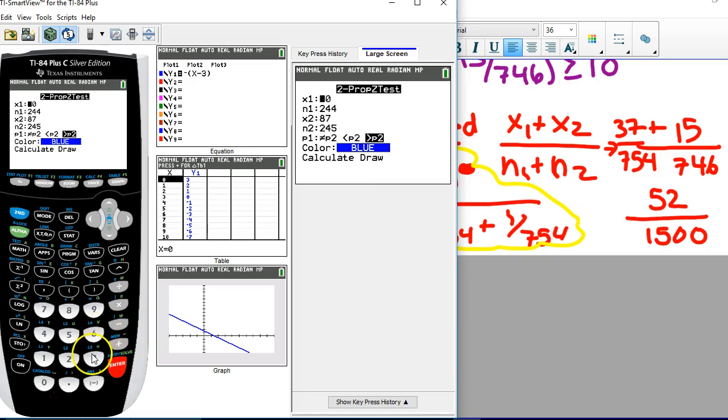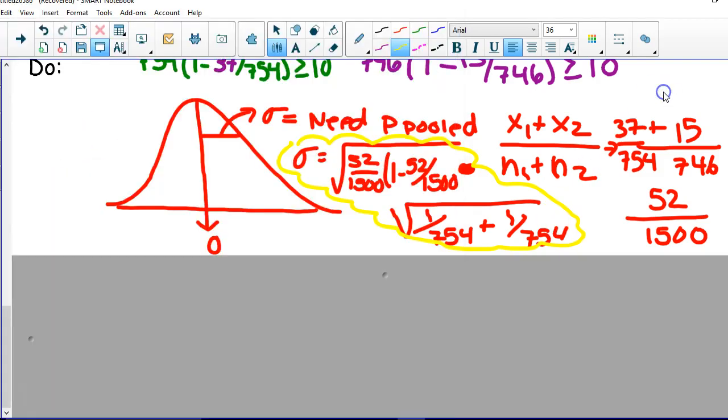And I'm going to write down my x1, which is 37, out of 754. That's my n1. And then my x2, which is 15. Out of 746. I'm going to hit enter because I'm already at greater than, so I'm okay. Calculate.